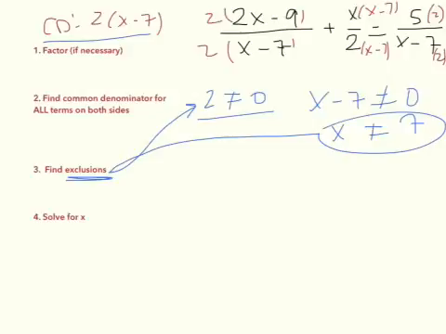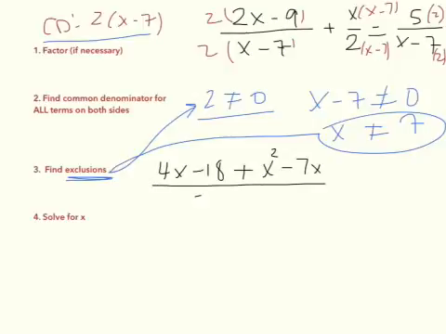So now let's go ahead and solve. So on this left side, I end up with 4x minus 18, and then plus x squared minus 7x. And all of that is over my common denominator. So I was just adding these two rationals together.